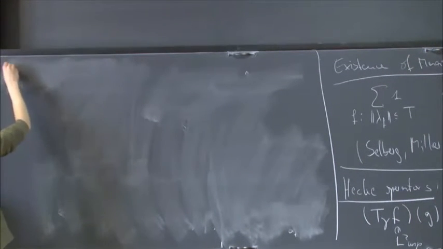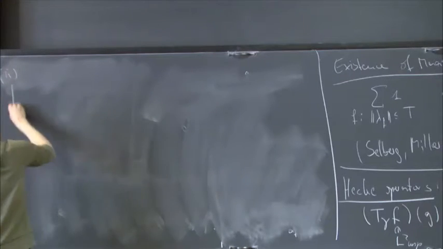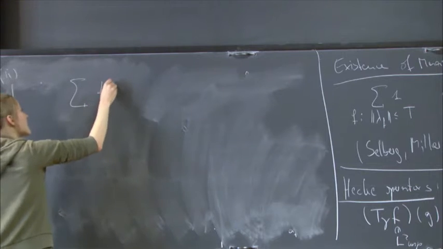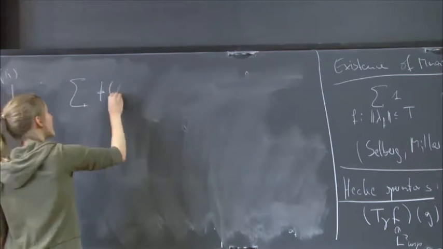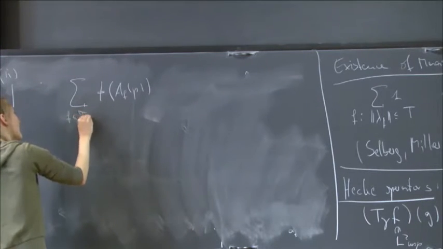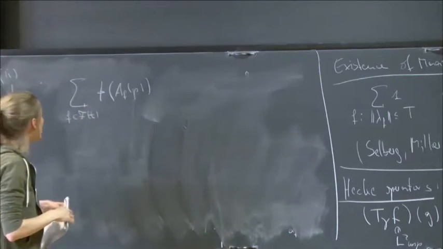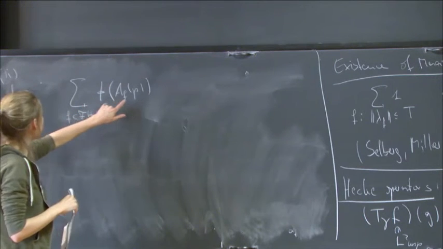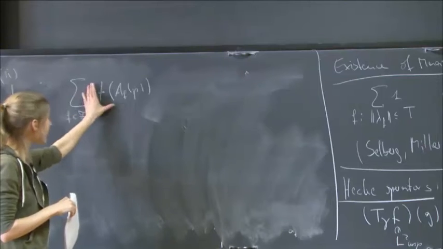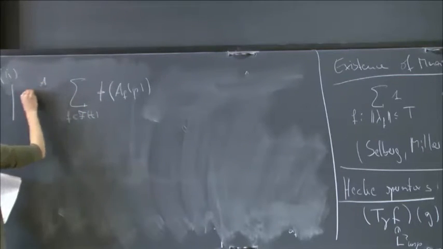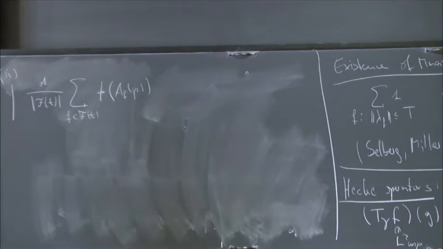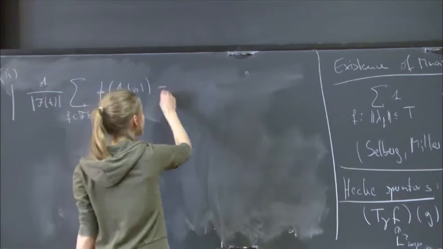And the second part is that if you consider the sum over elements in this family F of T and evaluate this polynomial at the Satake parameter of f. So this is just a Hecke eigenvalue, so to speak. And you normalize this by the number of elements in your family.